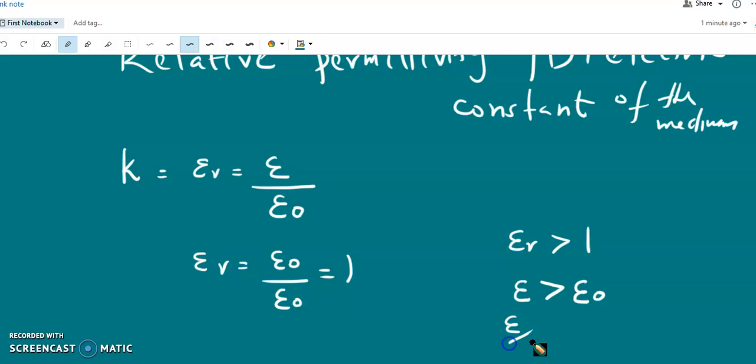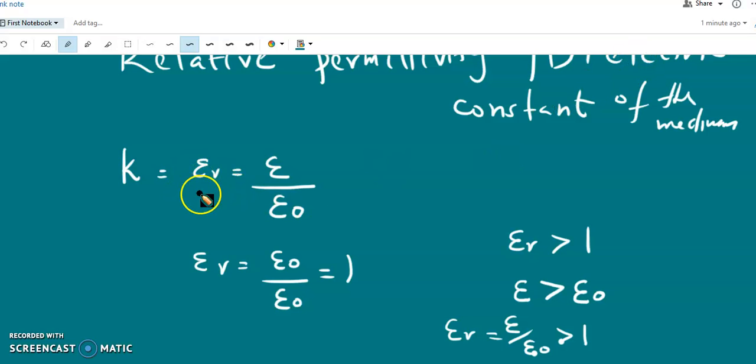So epsilon by epsilon 0 is always greater than 1. The numerator is always greater than the denominator, and therefore, for any other media, the epsilon R is greater than 1. So for free space or vacuum, it is 1, and for any other media it is greater than 1.